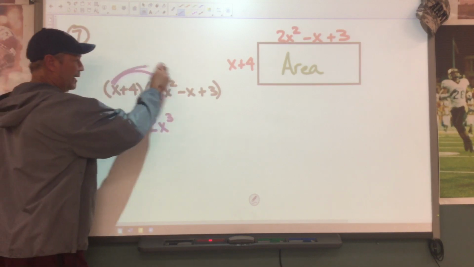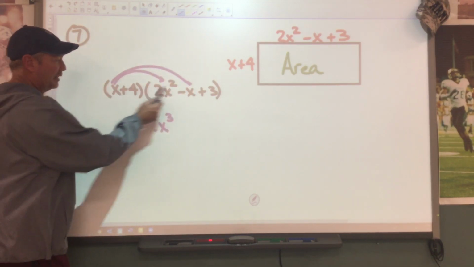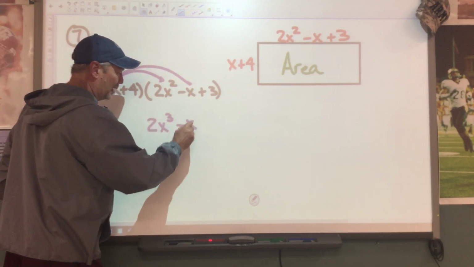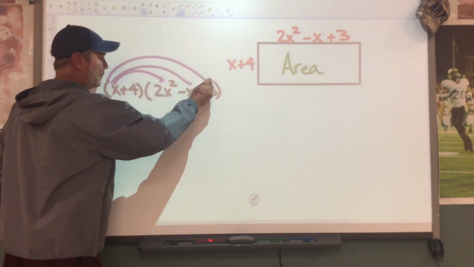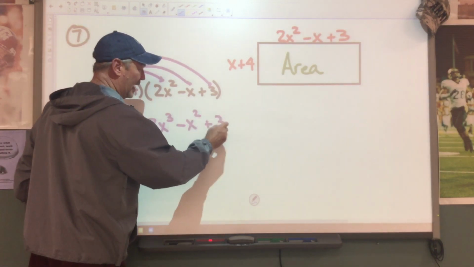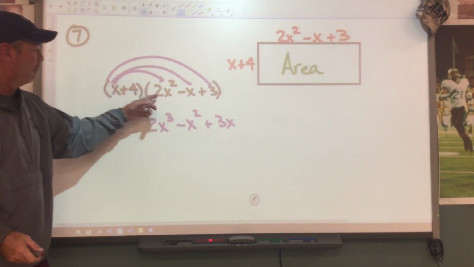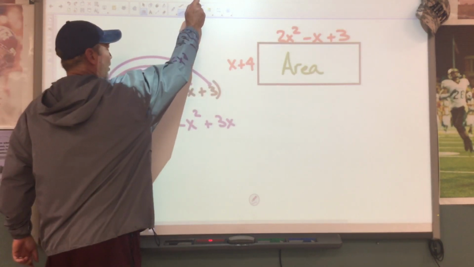When I multiply here and I distribute, a positive times a negative is a negative. X times x is going to give me x squared. I take it all the way to the back end, and x times 3 is a positive 3x. I have taken the first term and multiplied it in all 3 places. Now I'm going to take the second term.